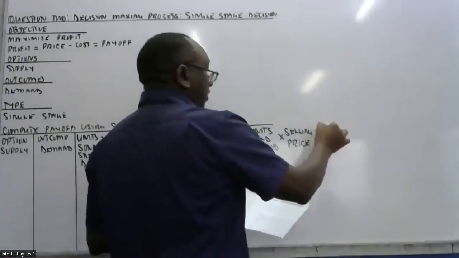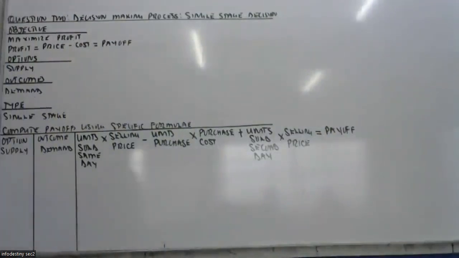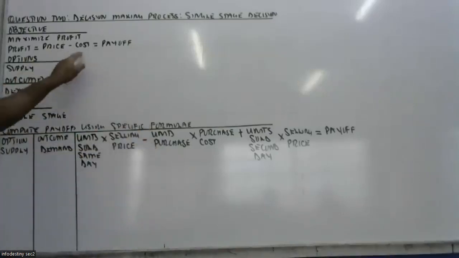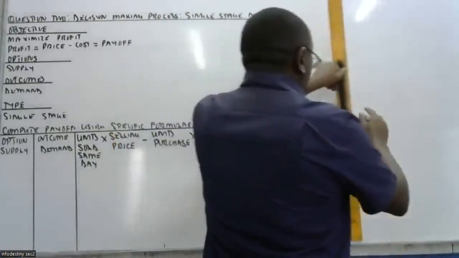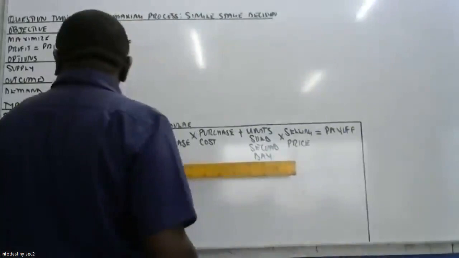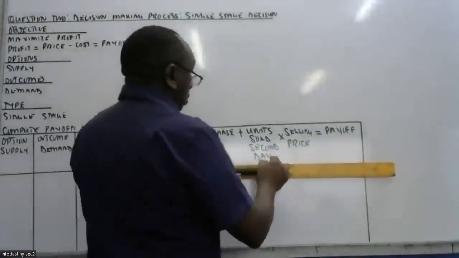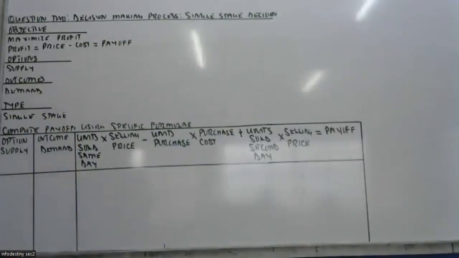That will give us now the profits. Sasa hivi inaitwa specific formula. It has expanded this one. So quickly copy that as a table. Units sold same day times selling price.